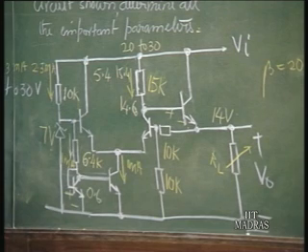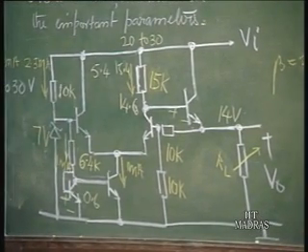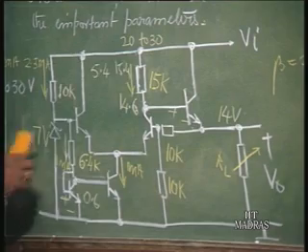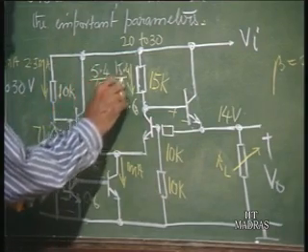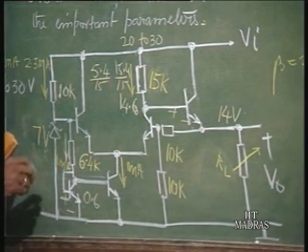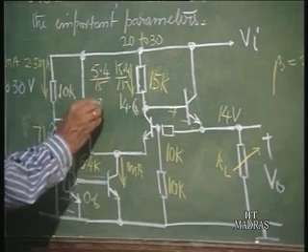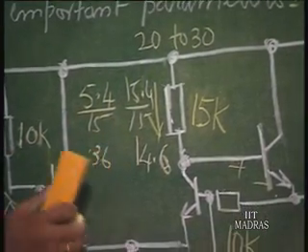So, the current is correspondingly going to change from 5.4 by 15 to 15.4 by 15. Current is going to change, that is most important for us, 5.4 by 15 to 15.4 by 15 milliamperes. So, one is 0.36 milliamperes and the other one is 1.03.